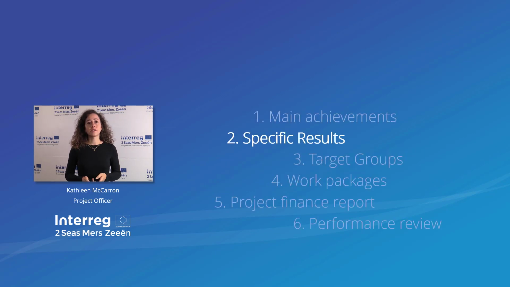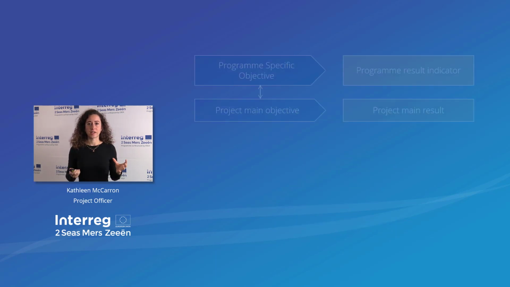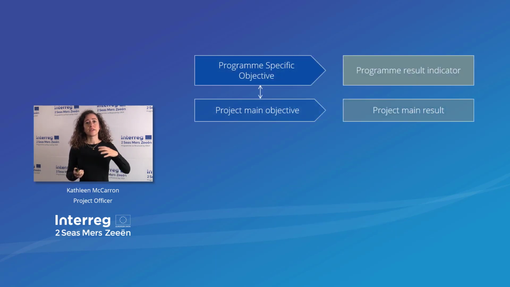The second section, which is quite important in your annual progress report, is the one on specific results. When your project was approved, it was built around the intervention logic of your project. If we go quickly back to the intervention logic, you first have your project's main objective that is in line with the program specific objective.